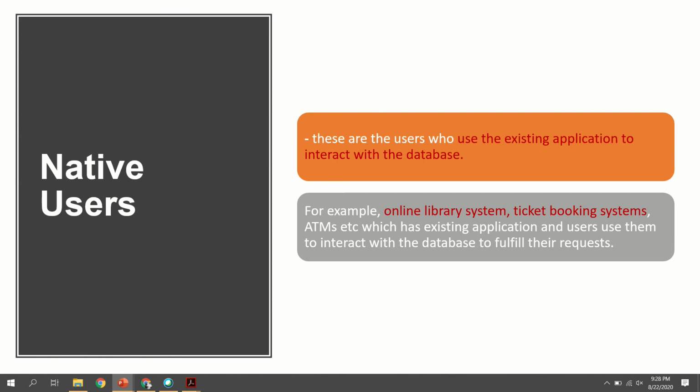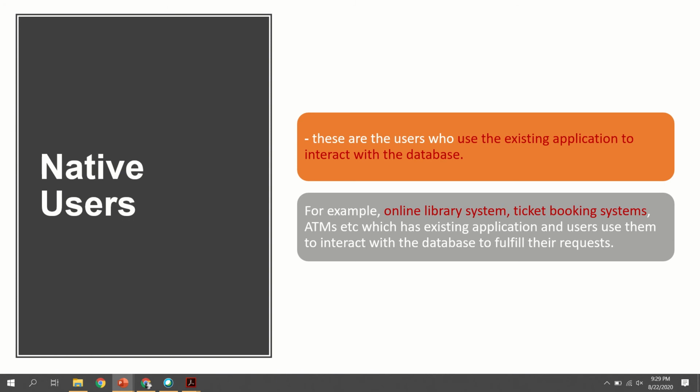They are not the application programmer, they are not the master of the DBMS, they are not database programmers or application program developers. They are only using the existing software which is available.